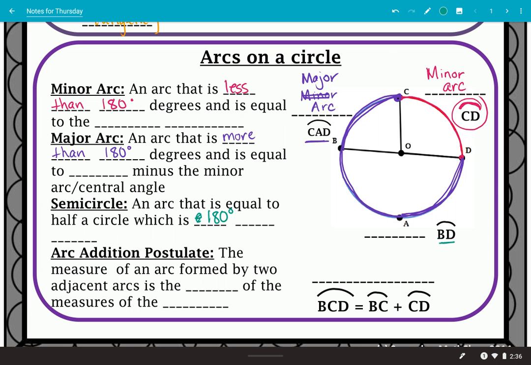So it's usually represented by two letters. So this is semicircle. B to D. So this would be half of a circle. Half a circle, semicircle. We're not going to do arc addition.